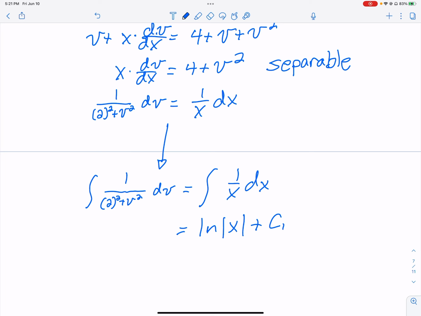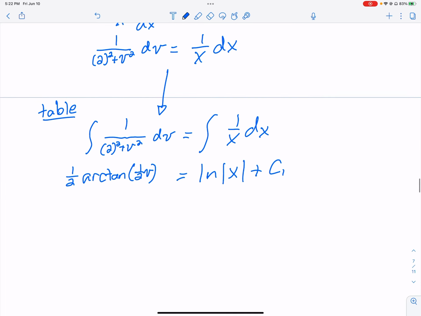Now, this from a table, I would get this memorized. 1 over that is arctan. And it's always 1 over a, whatever that is, and then it's 1 over a variable there. This one shows up a whole lot as well. So I would get that thing memorized.